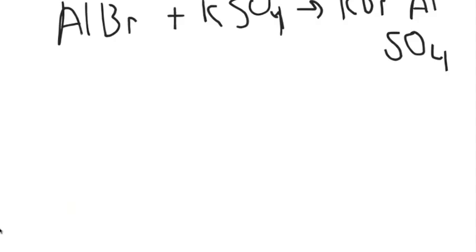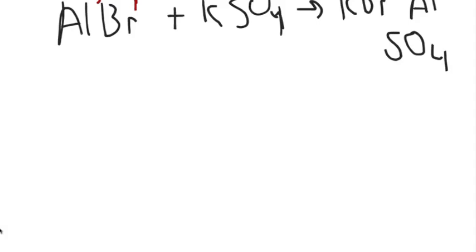So here is an equation: aluminum bromide plus potassium sulfate is going to produce potassium bromide and aluminum sulfate. First thing we'll do is assign our charges. Aluminum is +3, and bromine is -1.